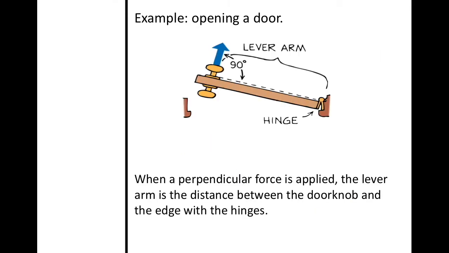One example is when you open a door. It is not the turning of the knob, but it is actually the perpendicular force that you push the door open with, because the rotation is occurring here on the hinge.